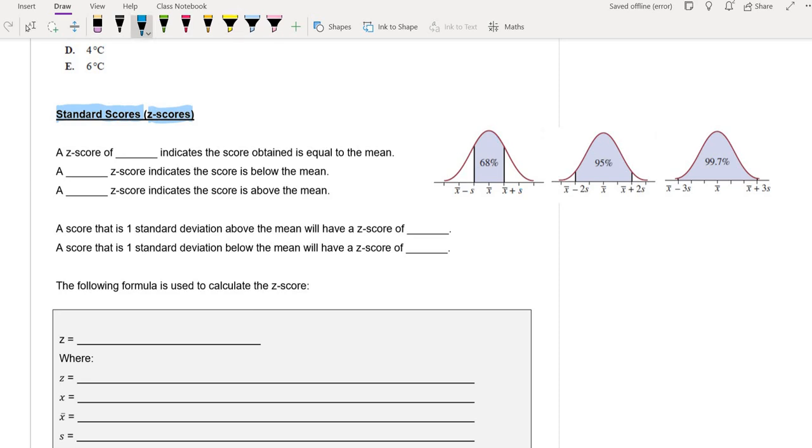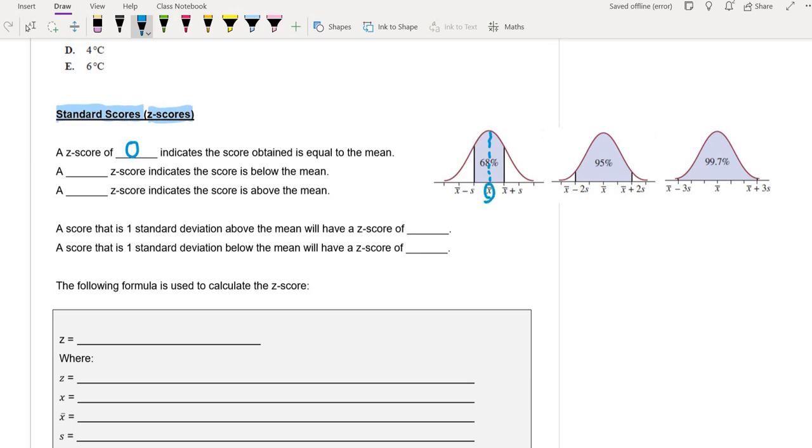So if we do our calculations and say the Z-score is 0, that's going to indicate the score that we're dealing with, the number we're dealing with, is right at the mean. So it's equal to the mean. So we do our little calculations and we find that it's equal to 0.